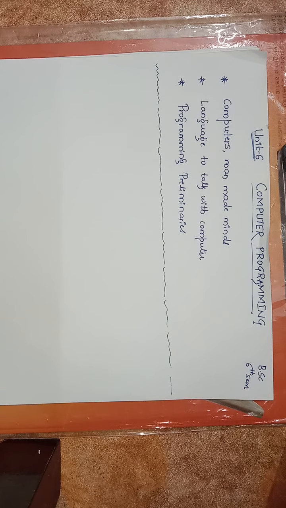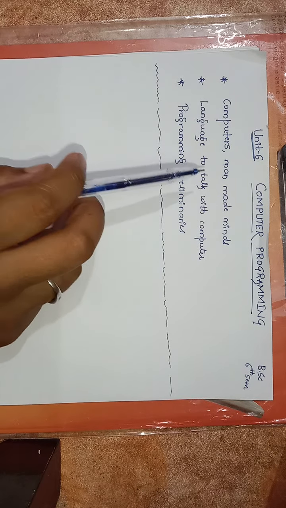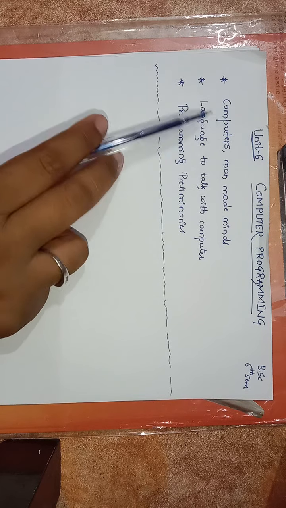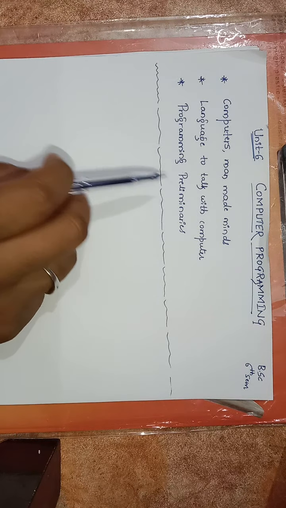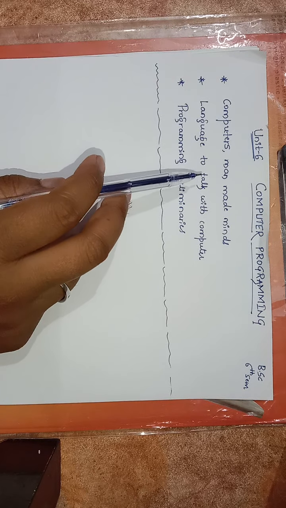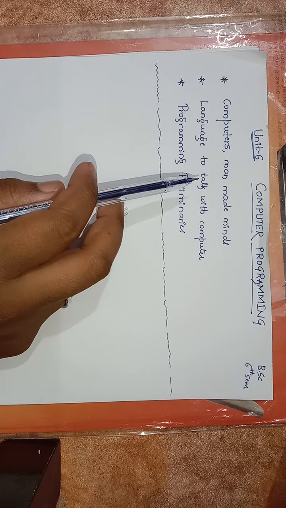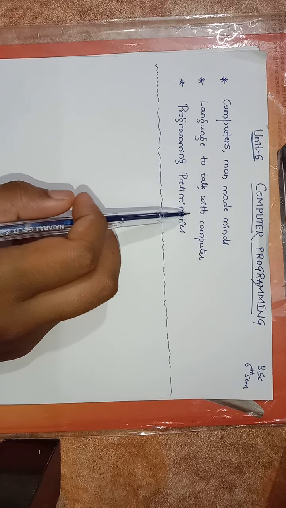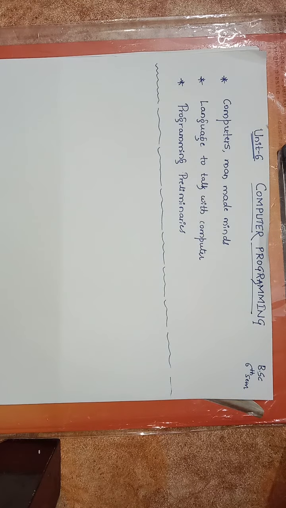It just does the things with the instructions given by the man. That's why I have written here man-made mind. Whatever the man instructs the computer to do, it will do. So let's discuss some things about what this device is, and after that we will continue.